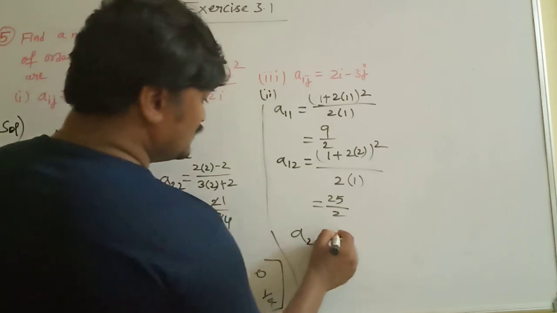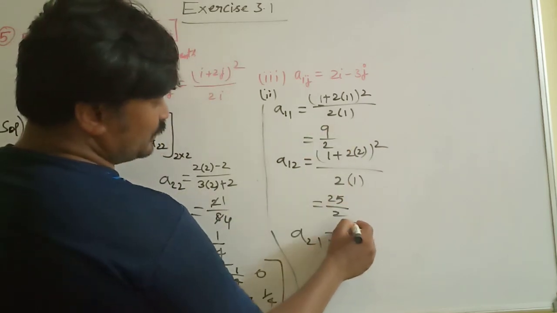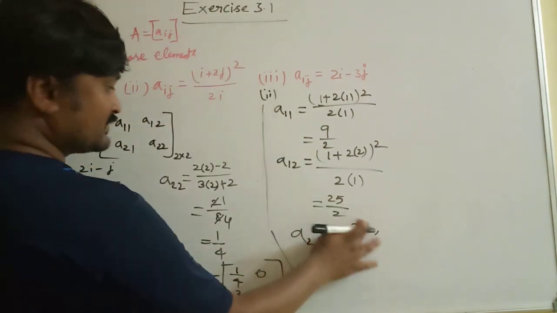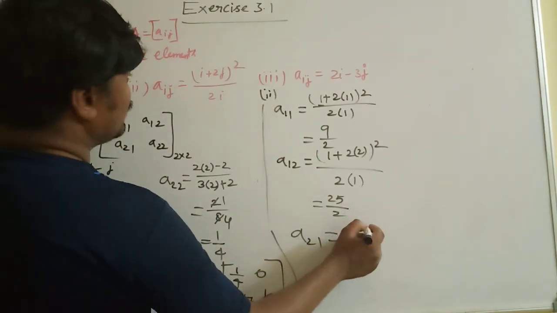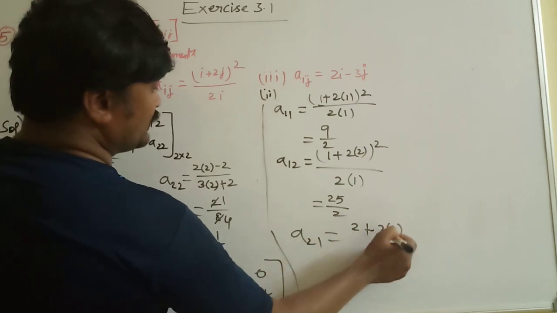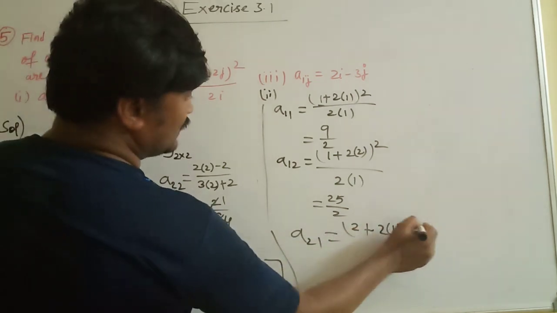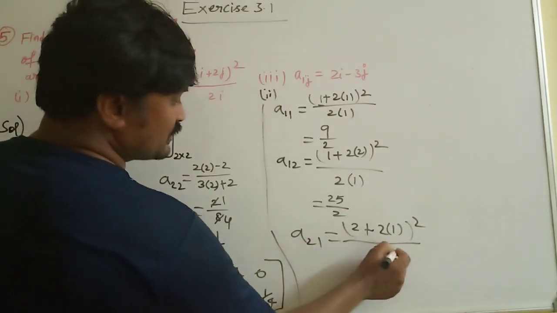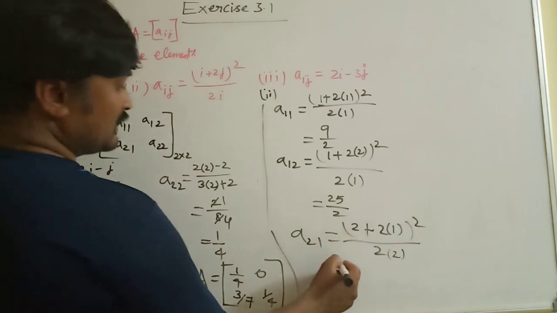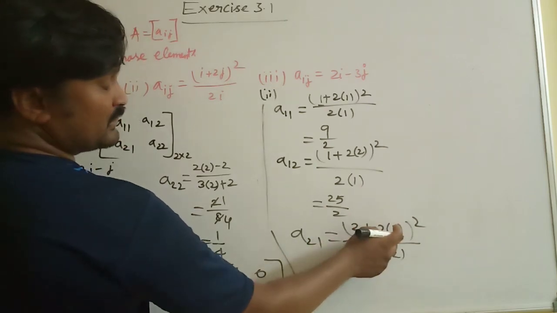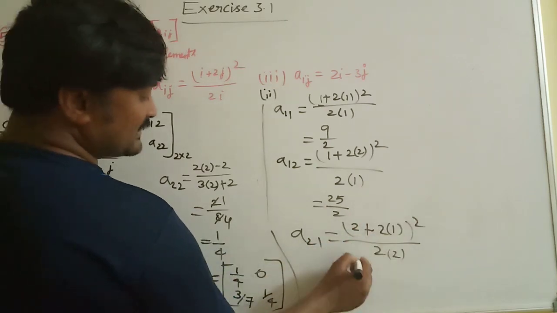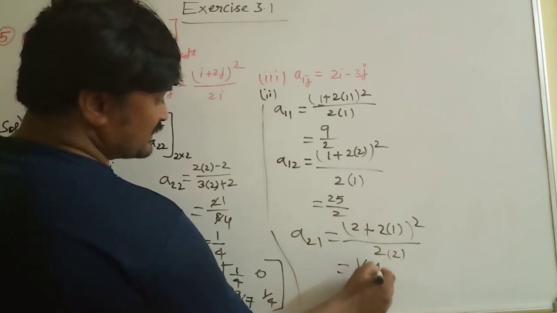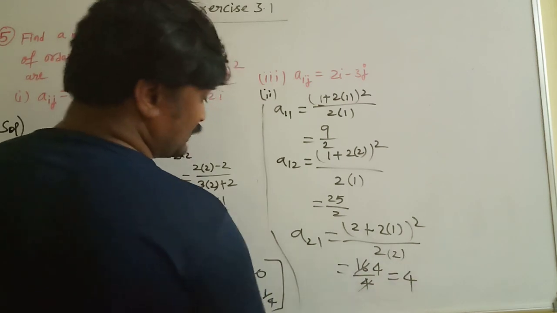For a21, here i is 2. So (2 plus 2 into 1) whole square upon 2 into i, and 2 into i is here 4. 2 1s are 2, 2 plus 2 is 4, 4 whole square is 16, upon 2 2s are 4, so you get 4.